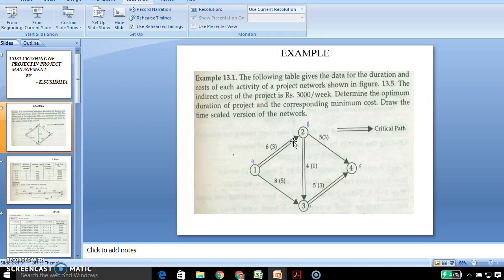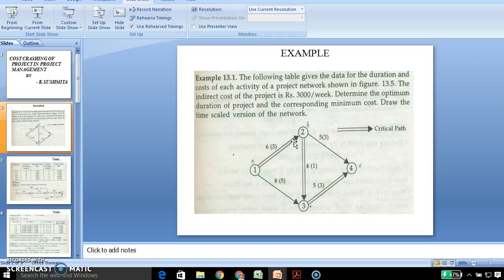Now coming to the cost slope. The direct cost curve is a straight line or more than one straight line, depending upon the flatness of the curve. The slope of the straight line is the cost slope. This slope is very helpful in project cost analysis.